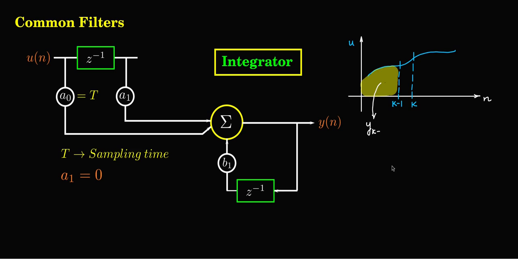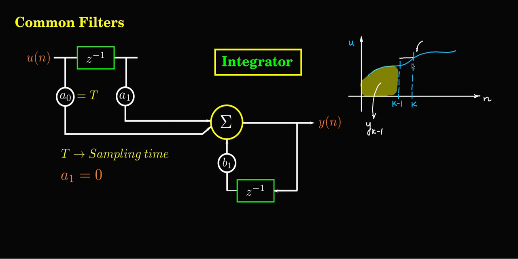I'll call that one y k minus 1. Up to k minus 1, the area under the curve is available in the memory. Now to this, I have to accumulate the new area, which is now this area. So one approximation is the value at this point, u k.